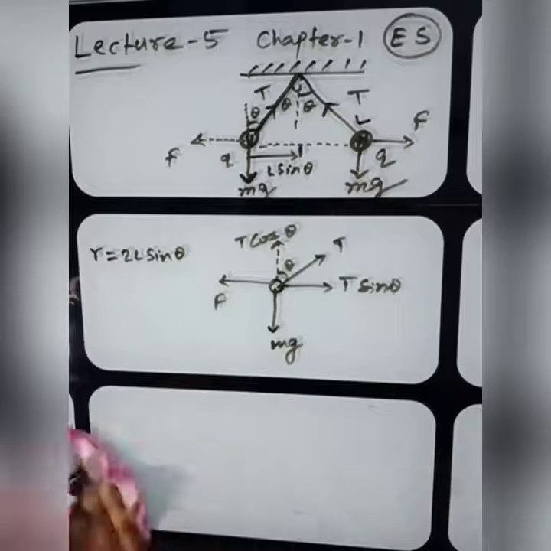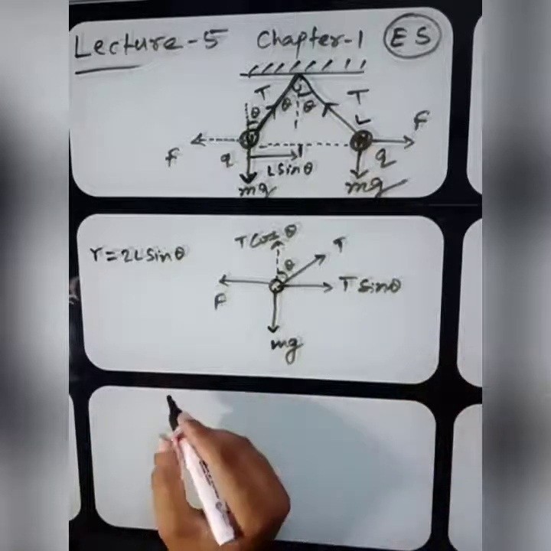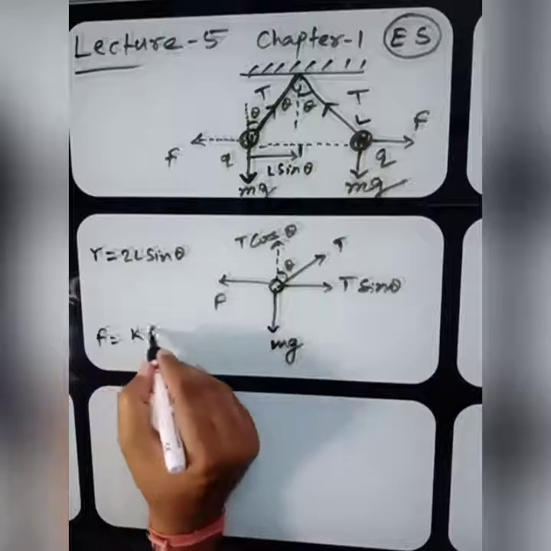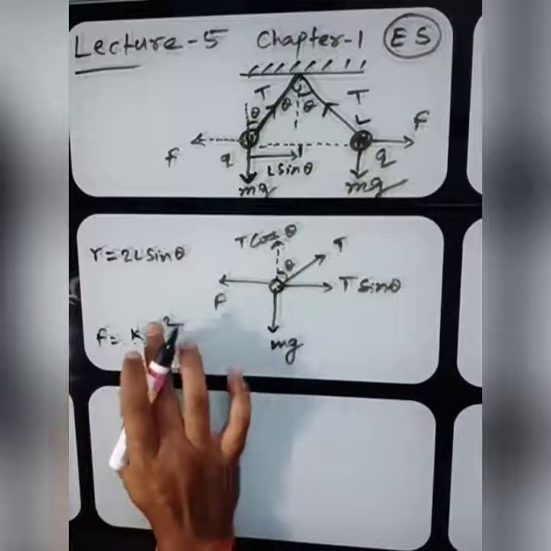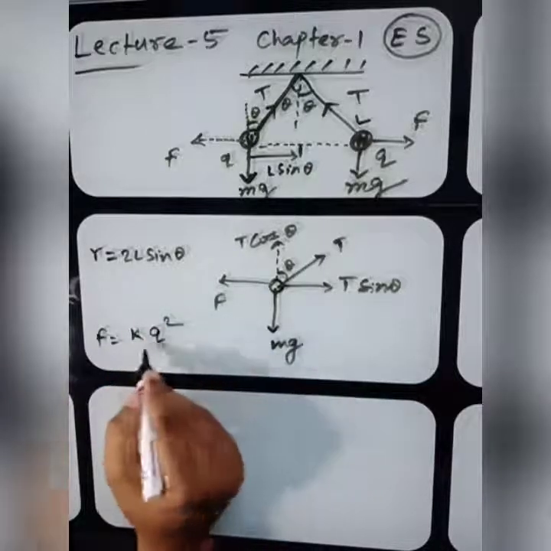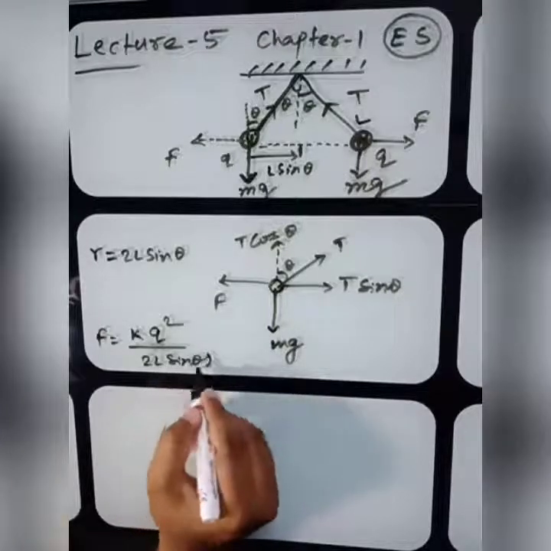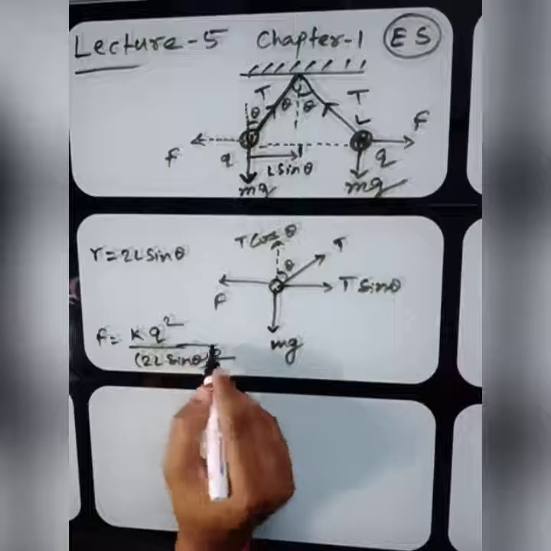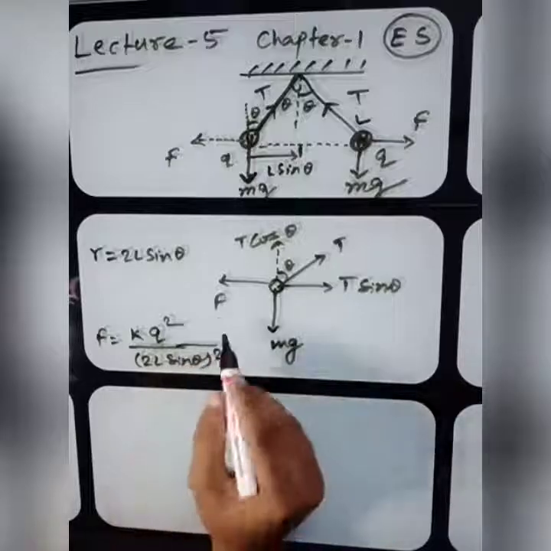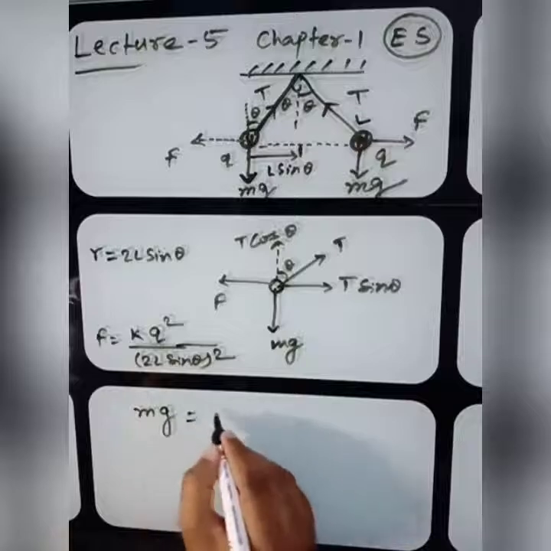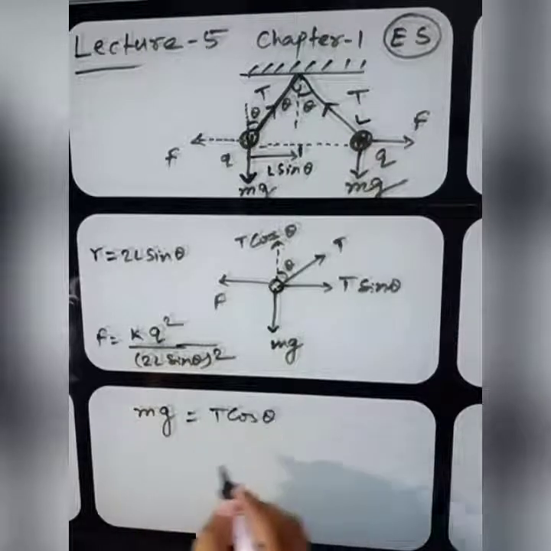2L sine theta. Now, F can be written as kq square, sorry, small q square, divided by r square, that is 2L sine theta whole square. And mg will be equal to T cos theta, this is equation 1.